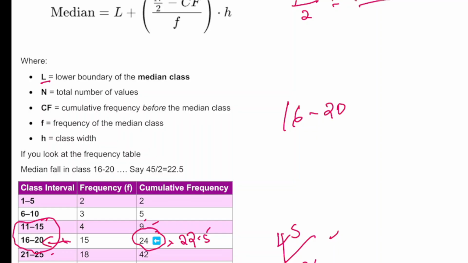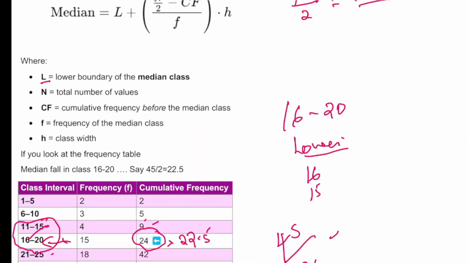But when we talk about lower, what does it mean? Is the lowest point 16 or is it 15? You are moving from 15 here. Every class interval ends at 15, and then there is a gap between 15 and 16.